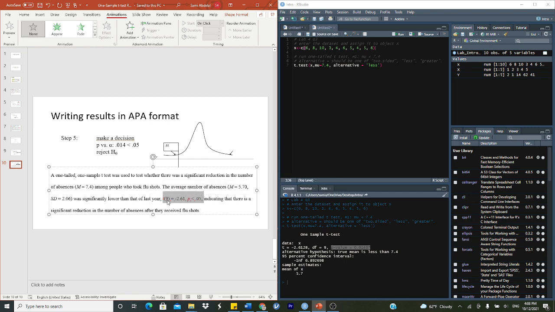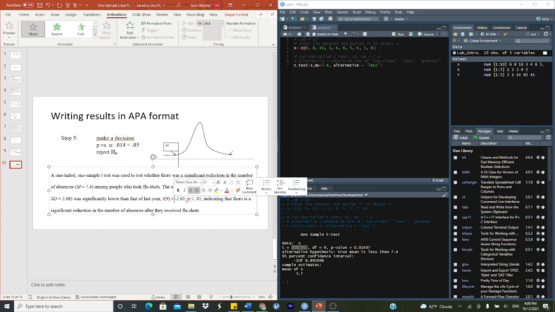So t is italicized, and then we have the degrees of freedom, which is 9, equals our observed value, which we got from here, negative 2.61, and then p is less than 0.05. And p is also italicized. So look at these red spots here, italics, and then we've got spaces here.